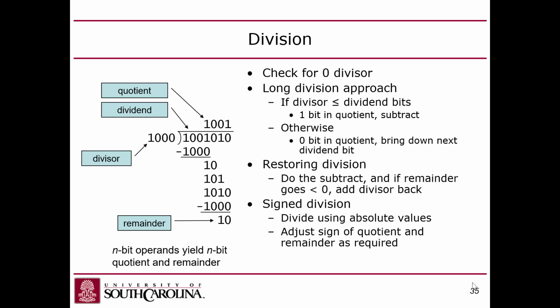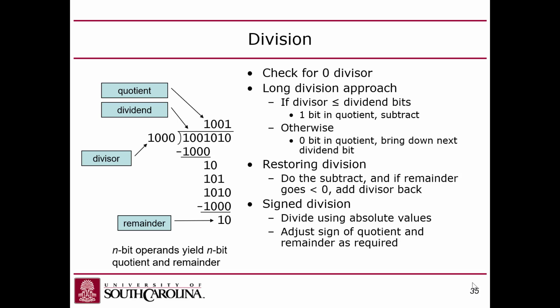So how do we do this? Well, what's in our toolbox at this point? What can we use? What have we shown so far? Shifters, adders, subtractors. This chapter is sort of building from the bottom up. So we can shift and we can add and subtract. Now we want to do divide with that.